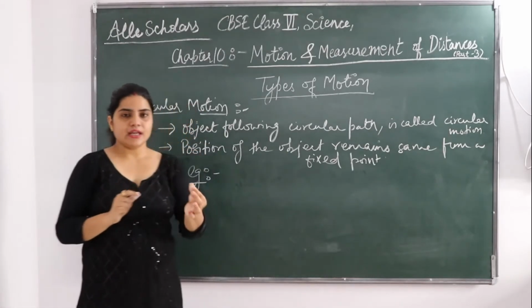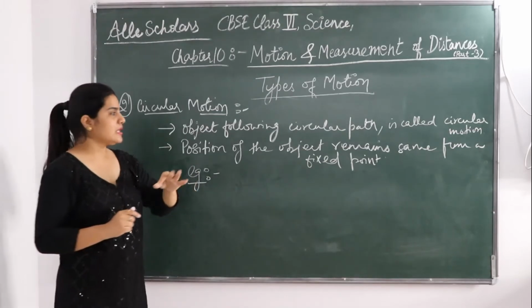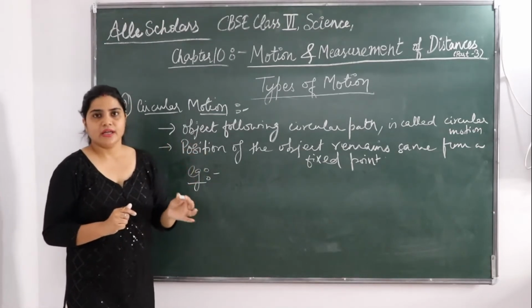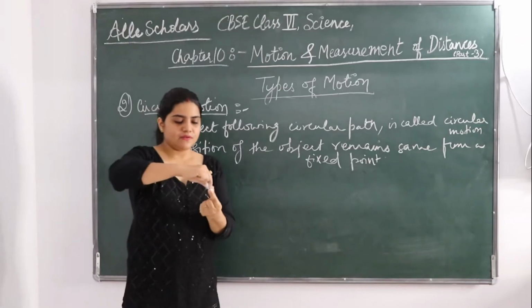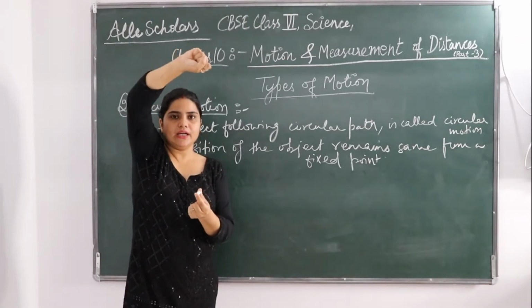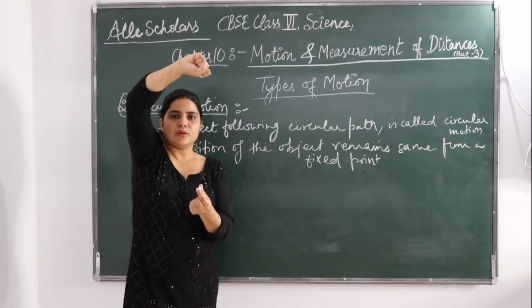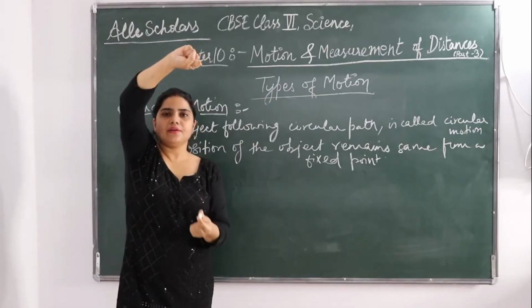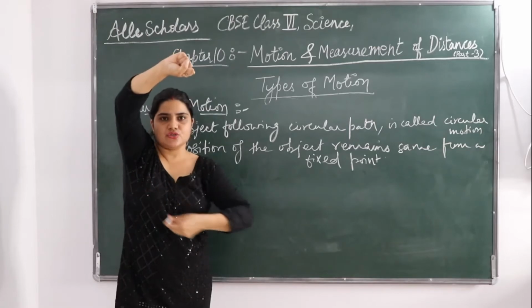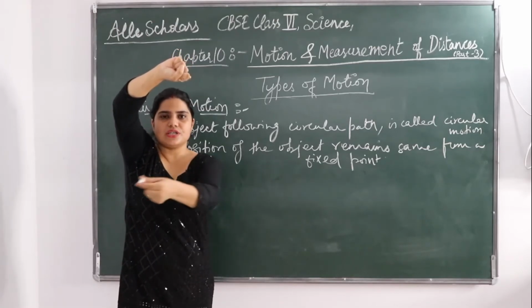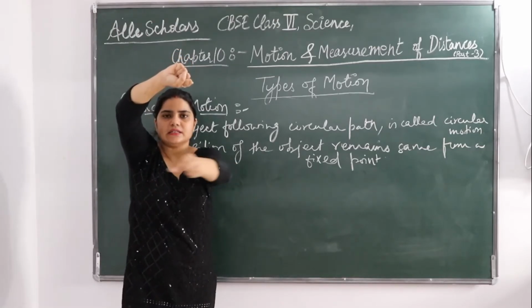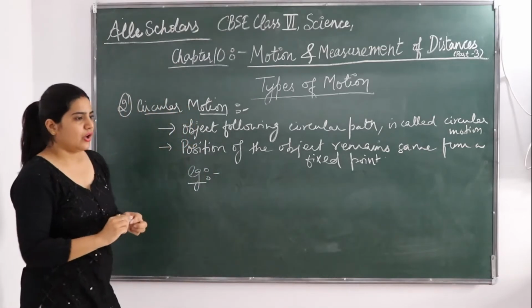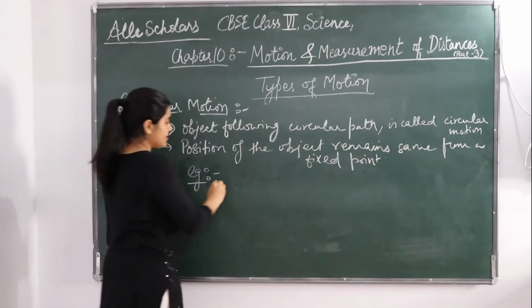So the first thing is that it is following a circular path, so that is circular motion. The second thing, if you observe, suppose this is a string and you are holding it in your hand. So the position of this stone from your hand remains the same. Its position is not changing from your hand, it is the same, it is just moving in a circle like this.